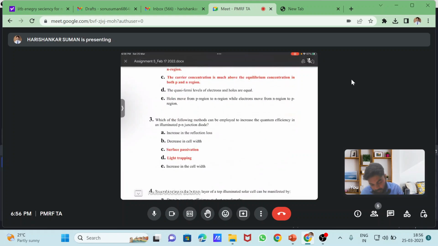Question number 3: which of the following methods can be employed to increase the quantum efficiency in an illuminated p-n junction diode? This is the question. Yes, sir.